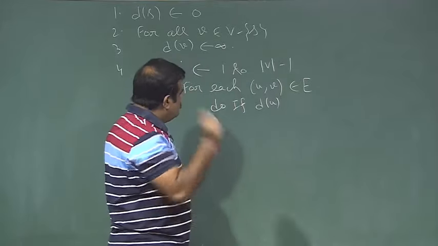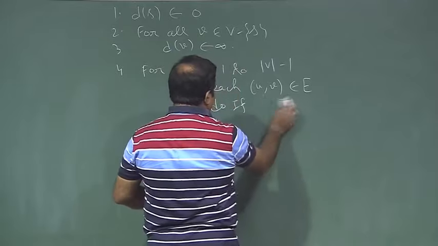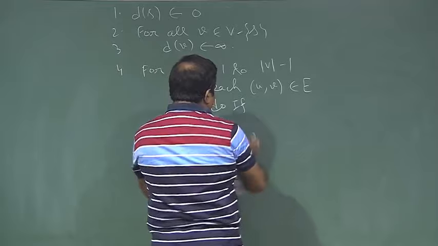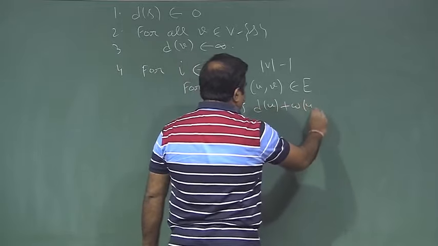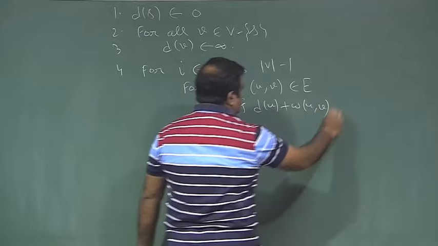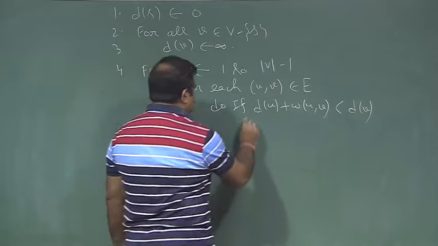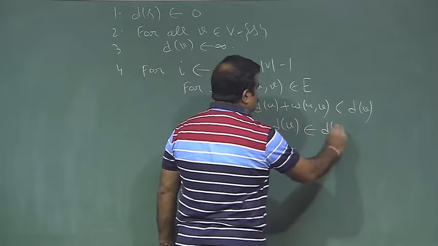So if d(u) plus delta(u, v) is less than d(v), then d(v) must be relaxed.